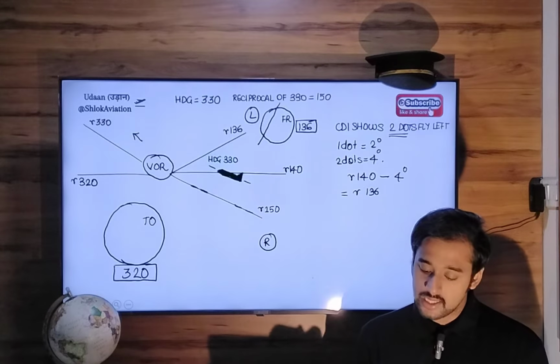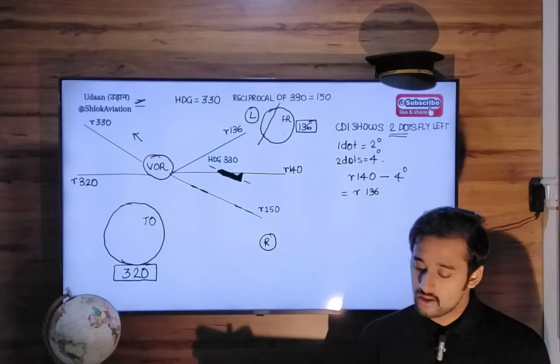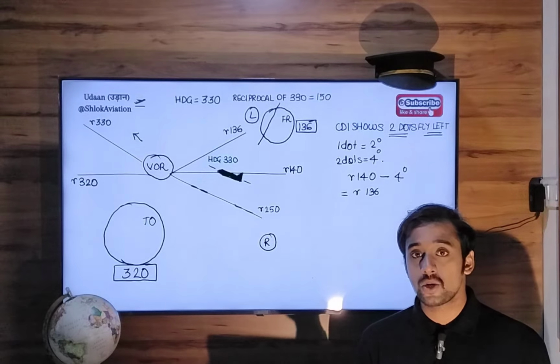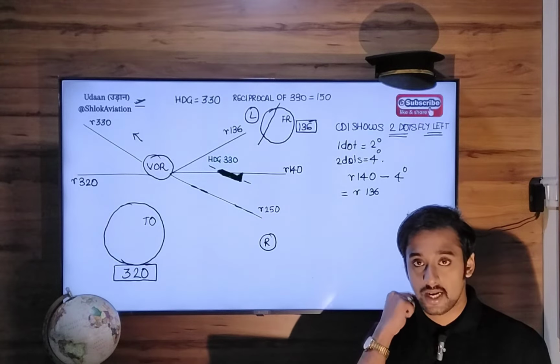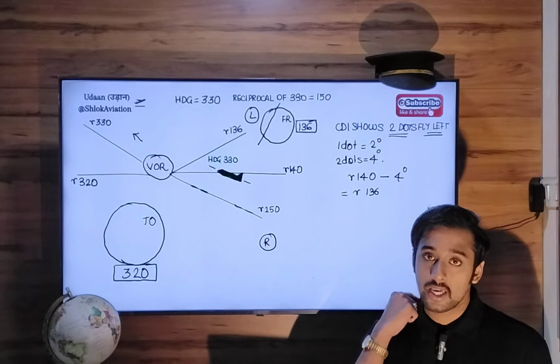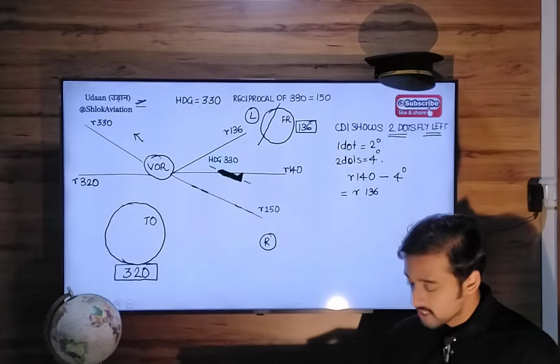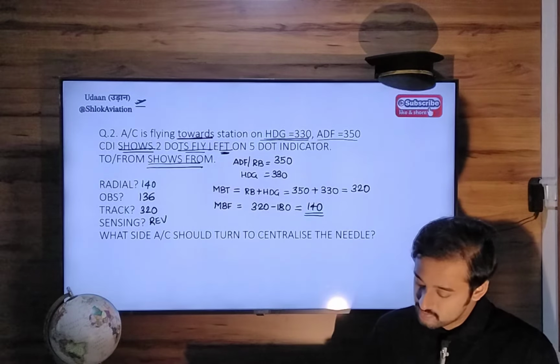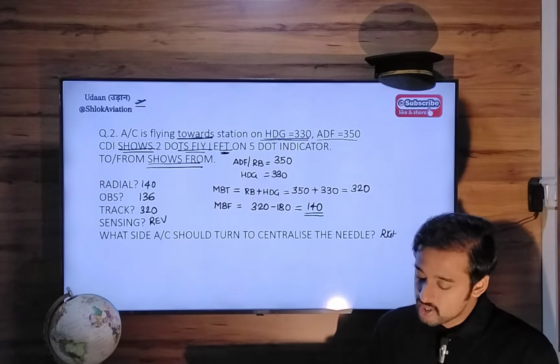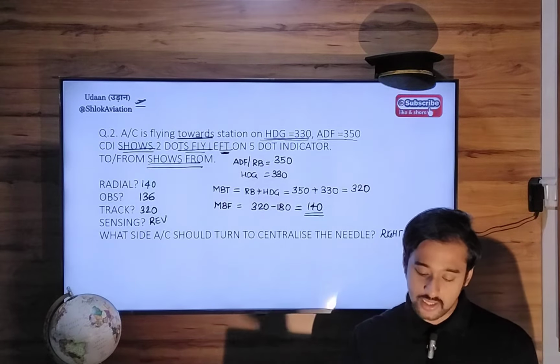Over here, the needle is telling you to go left. What will the pilot do? He will fly right hand side. So these are all the answers to these questions.